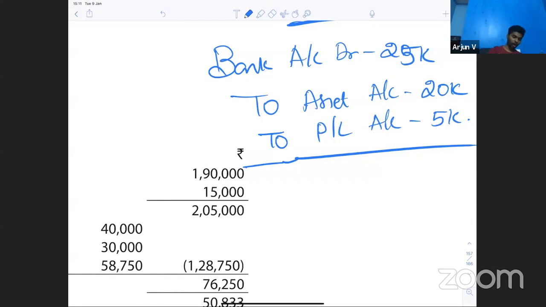Yes. Now what happens is, here the asset gets replaced with JLP. The asset gets replaced with what? JLP. Did you all understand this entry? Guys, are you all clear?